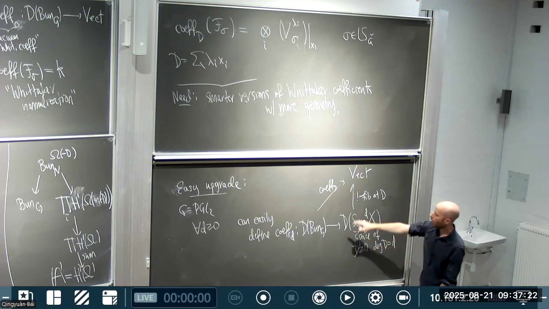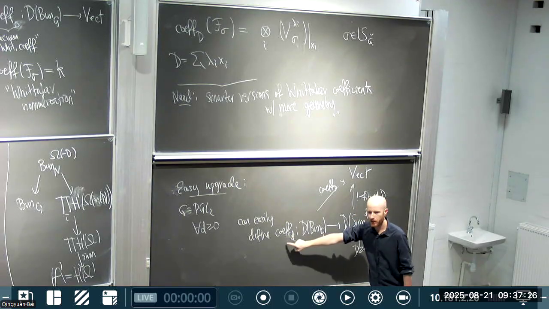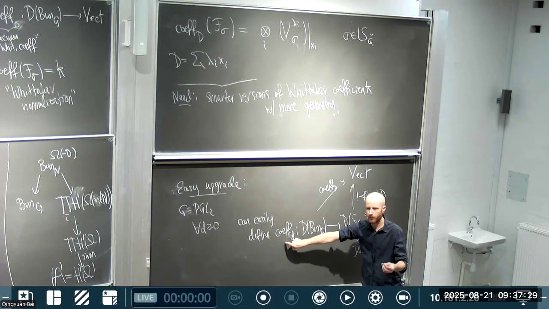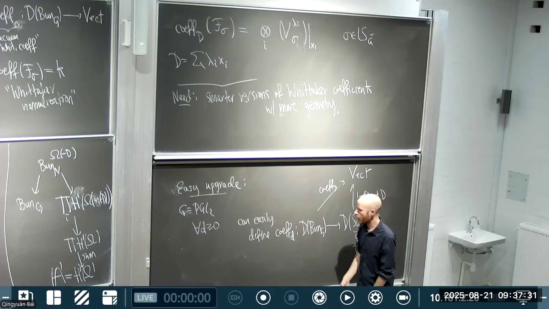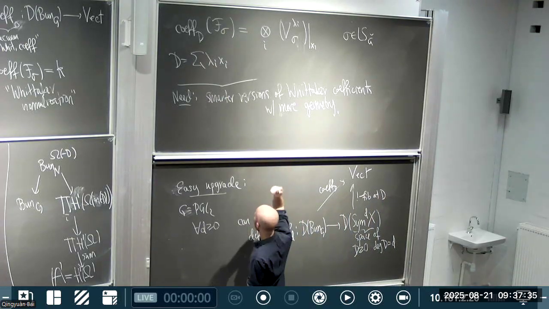So I can take all divisors of a given degree and glue the corresponding coefficient functors into a single coefficient functor. That gives me some geometry.